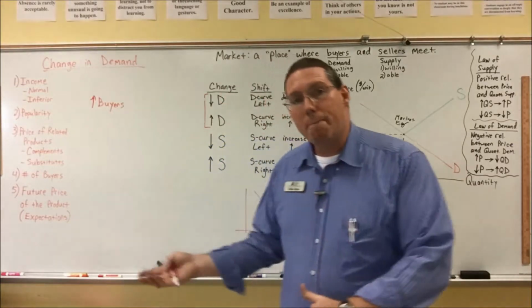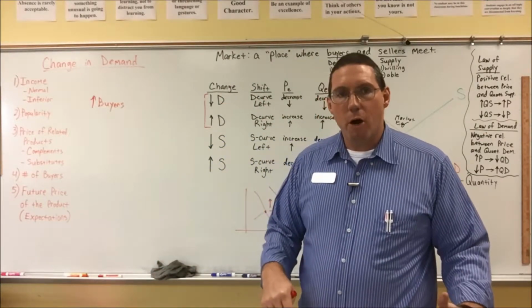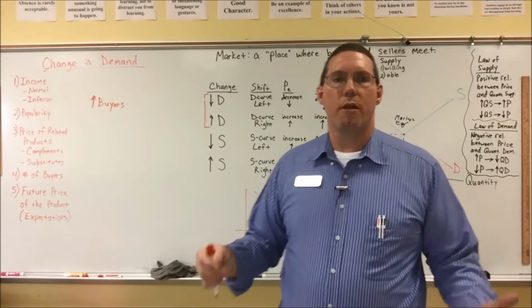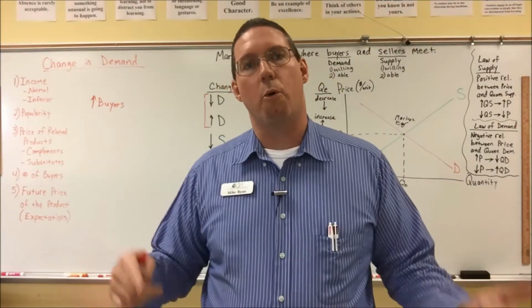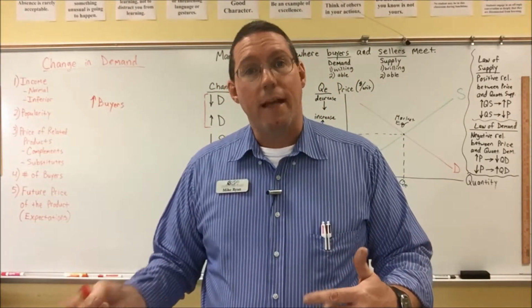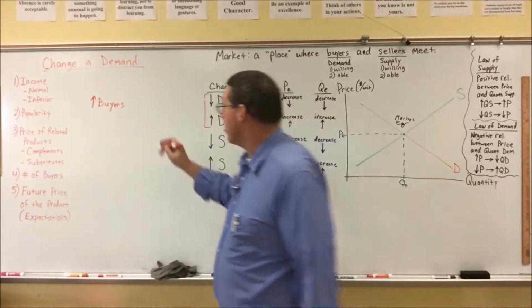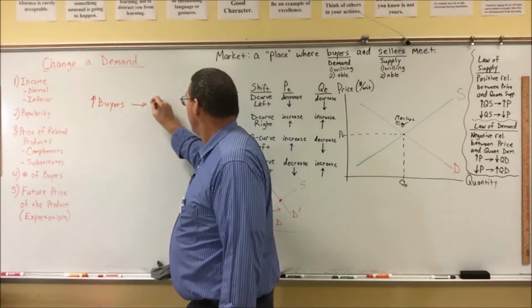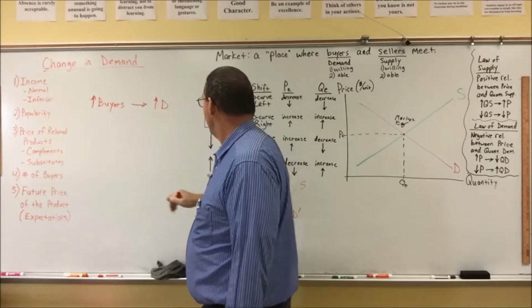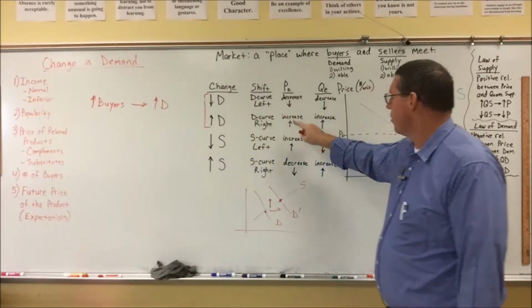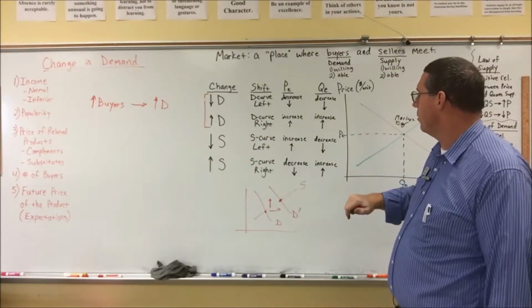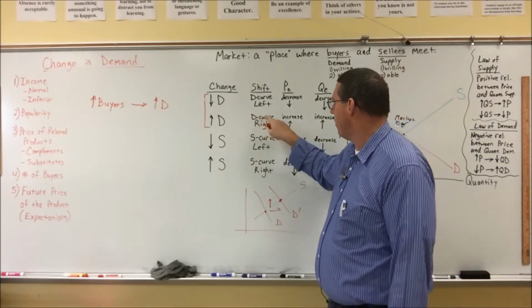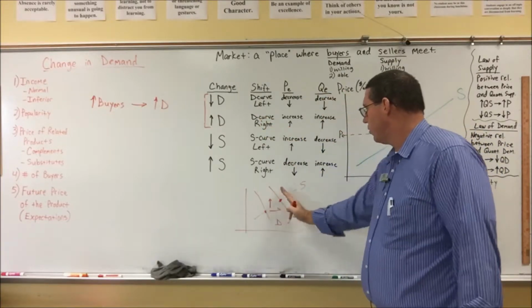And when there are more people that can be buyers in the market, that usually results in more buyers in the market. And when there are more buyers in the market, that's going to lead to an increase in demand. Okay? Increase in demand will result in an increase in equilibrium price and an increase in equilibrium quantity because the demand curve shifted to the right.